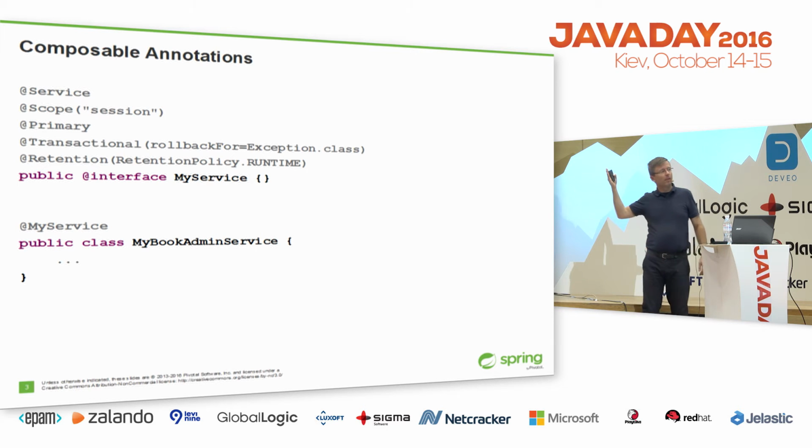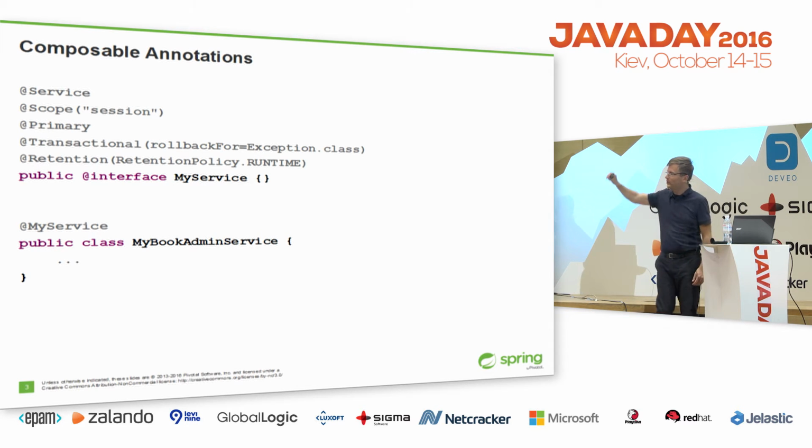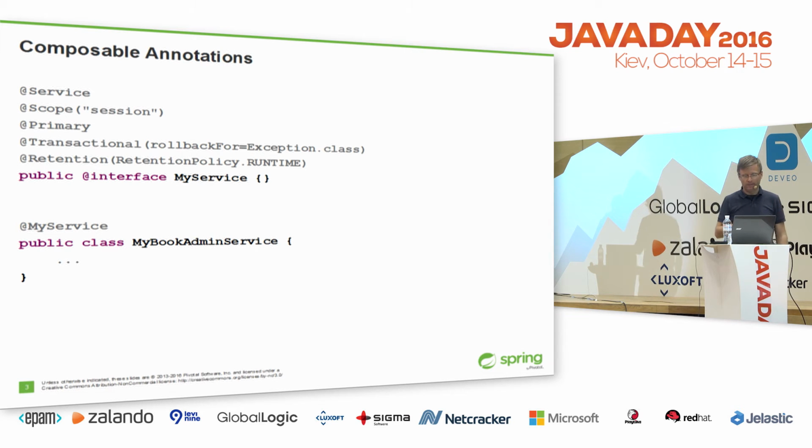Choose a name that has a meaning in your application architecture, like AccountService, OrderService, named after some vertical or horizontal slice of your code base. And whenever you attach that custom annotation, it's actually quite readable then. Like this, my BookAdminService is a MyService, I mean, is an OrderService, is an AccountService, is whatever you named it. So custom annotations have a naming quality to them.